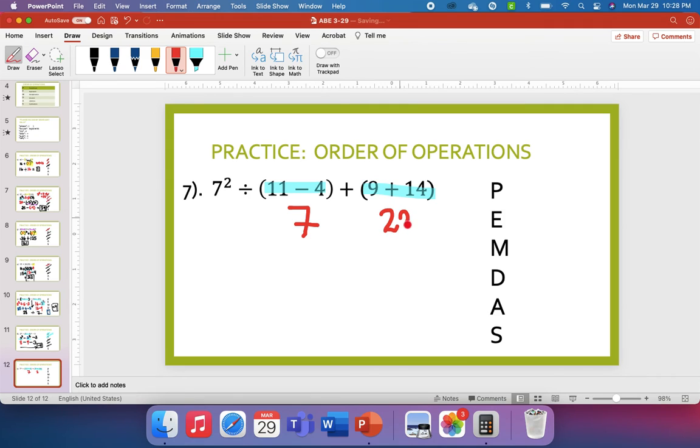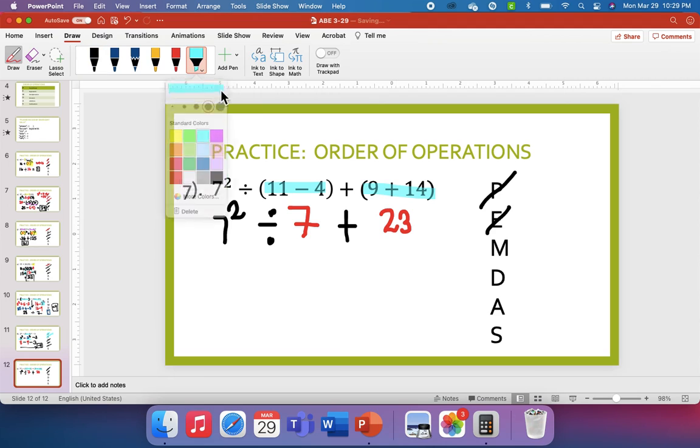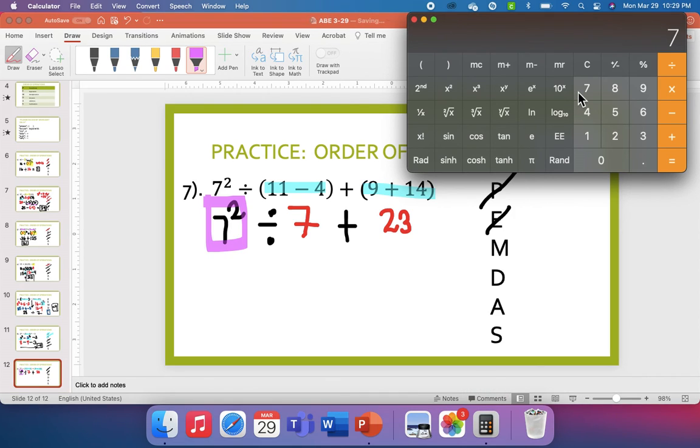Okay, now the problem tells me to add these 2 numbers, okay? But don't forget about everything in the front. And like I said, usually what I do is I kind of just copy everything else down. Okay, next we simplified our parentheses. I do have exponents that I need to simplify. I need to simplify what 7 to the second power is, okay? So again, punch this into your calculator because I don't expect you guys to know this by heart.